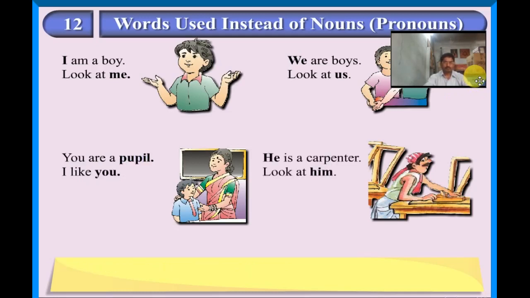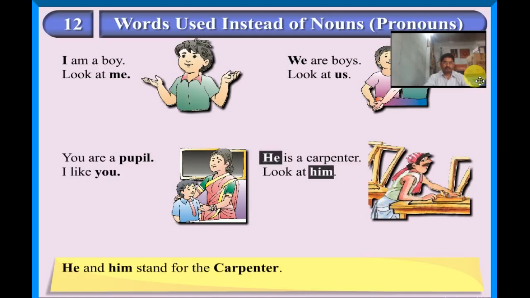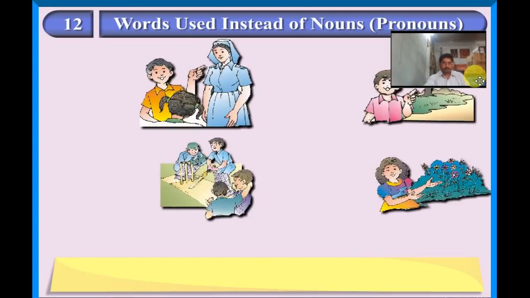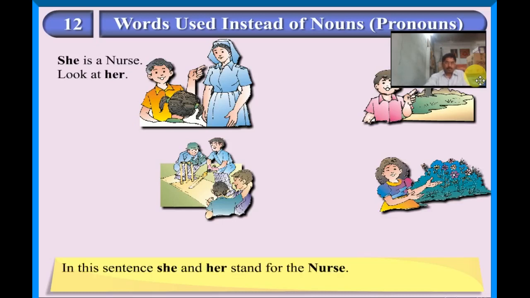He is a carpenter. Look at him. He and him stand for the carpenter. She is a nurse. Look at her. In this sentence, she and her stand for the nurse.